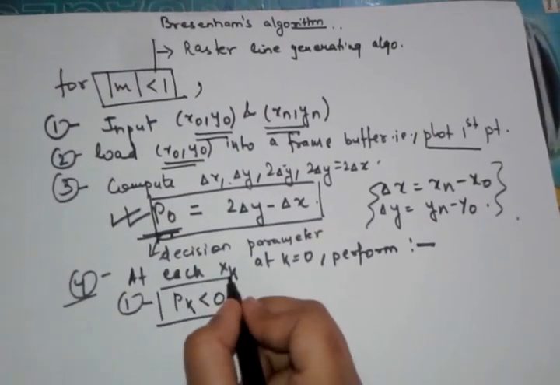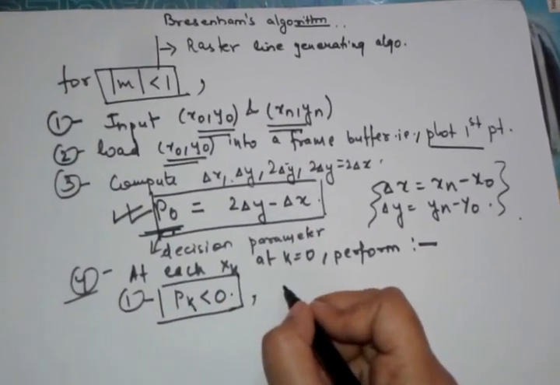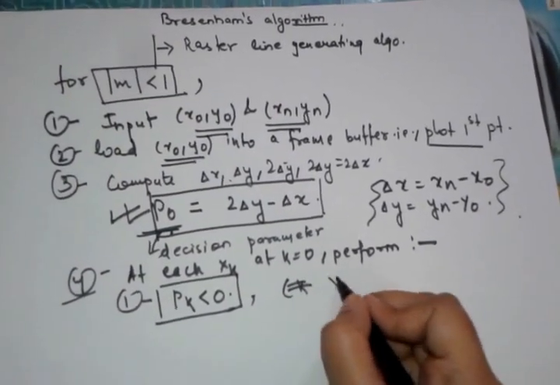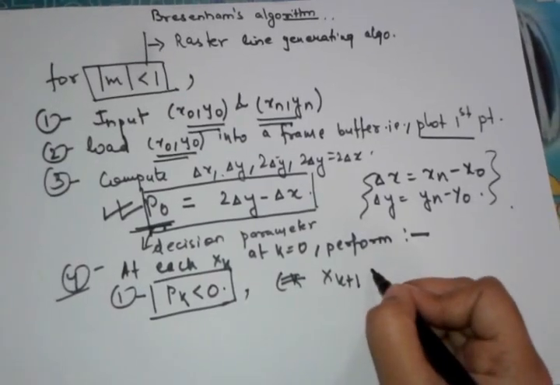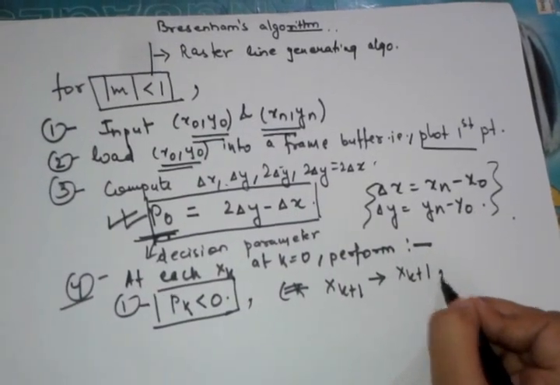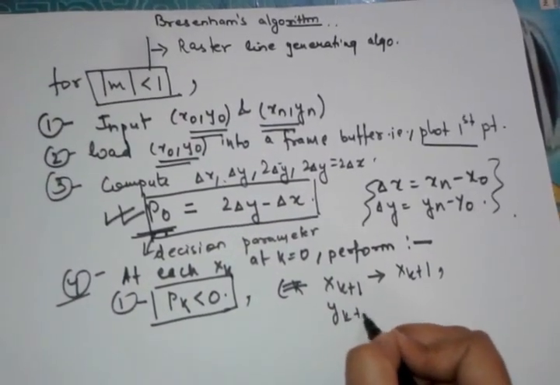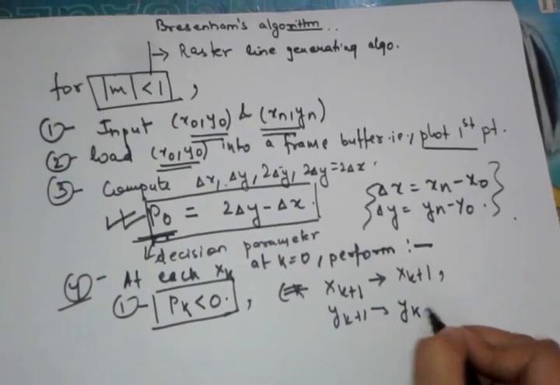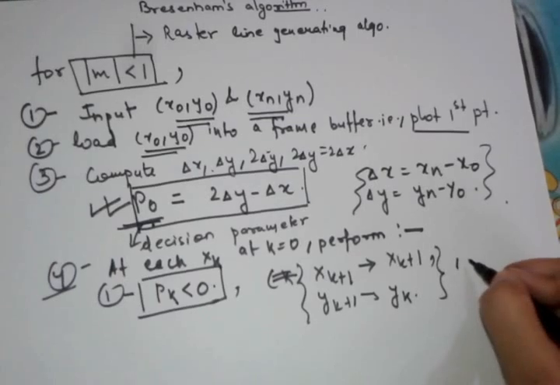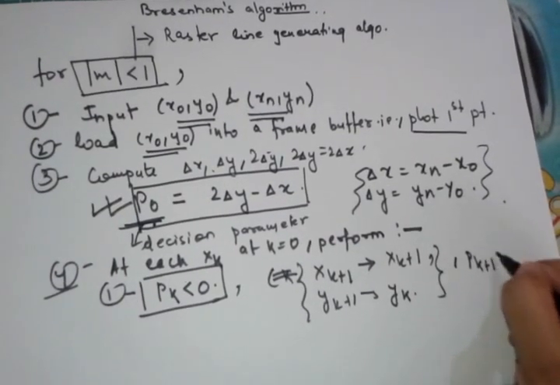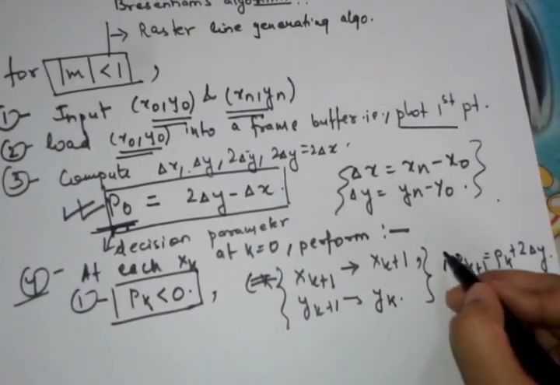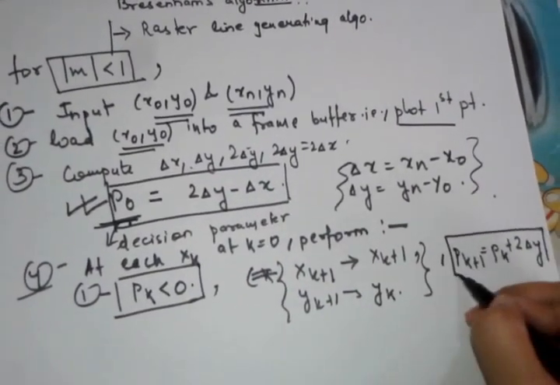If pk is less than 0, the next x value will be incremented by 1, and the next y value will remain the same as earlier. Also the next pk value will be pk plus 2 del y.